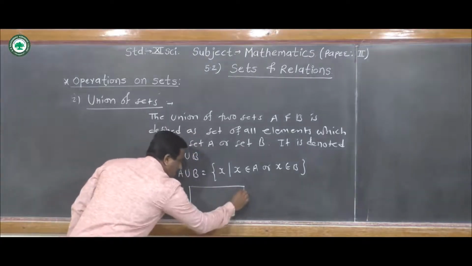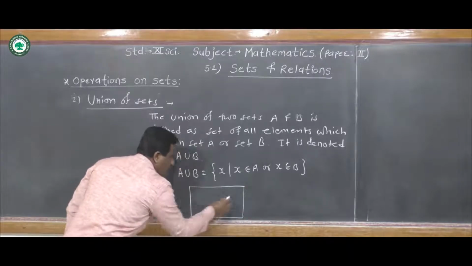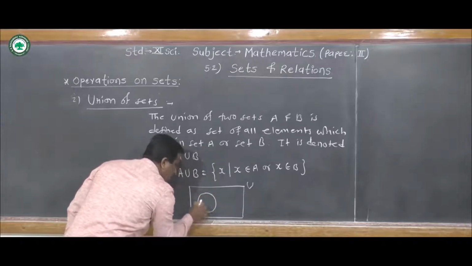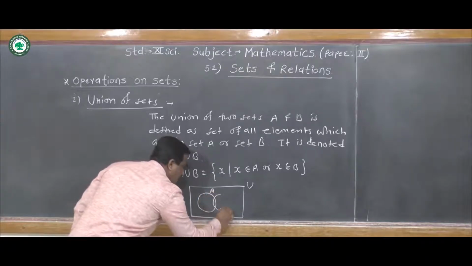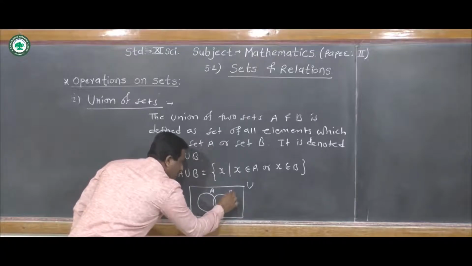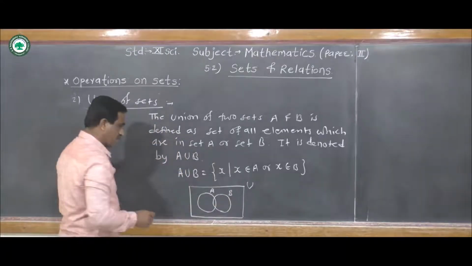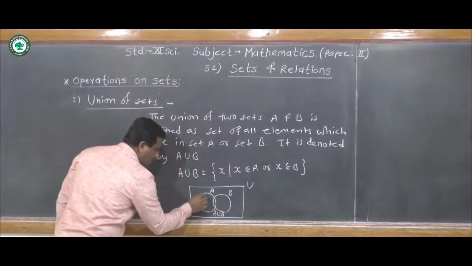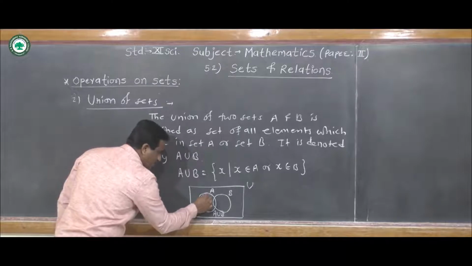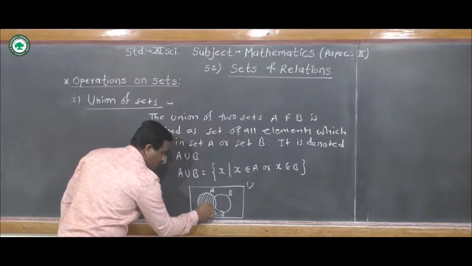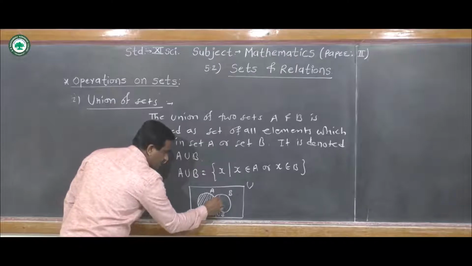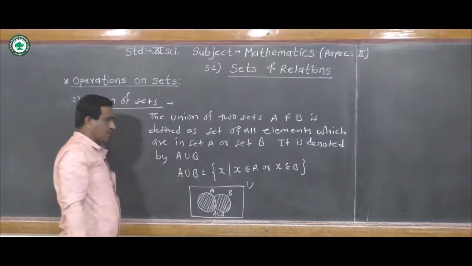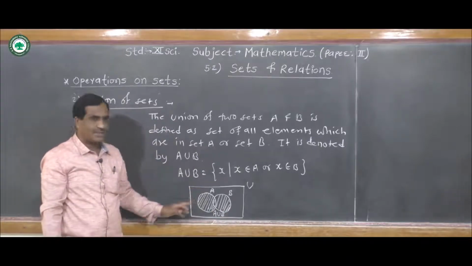This is the universal set U, this set is set A and this set is set B. A union B contains the elements which are present in the shaded portion. So this is the union of two sets, set A and set B.